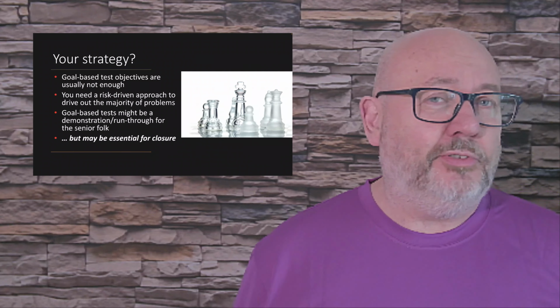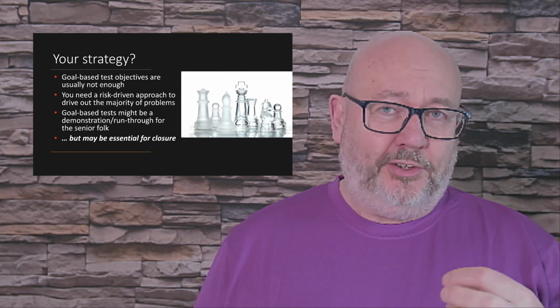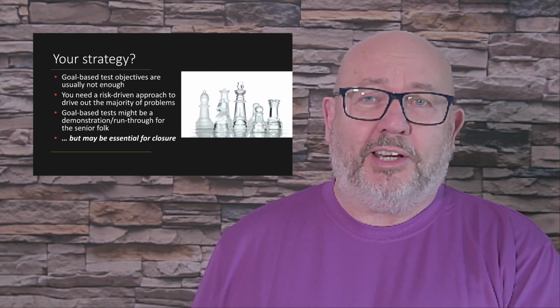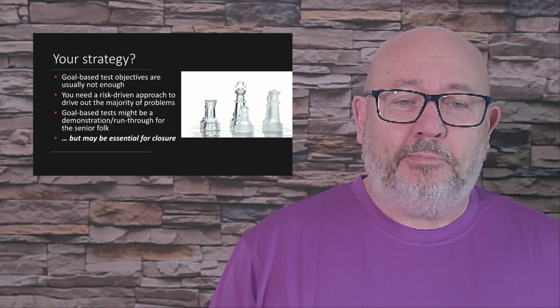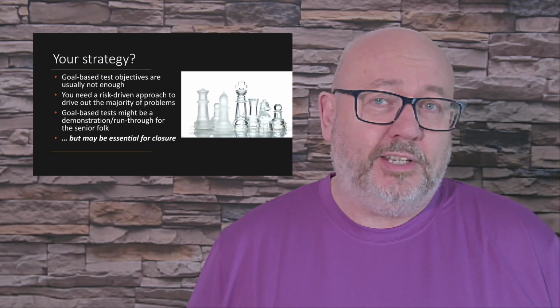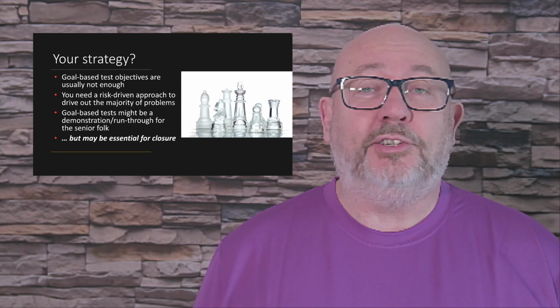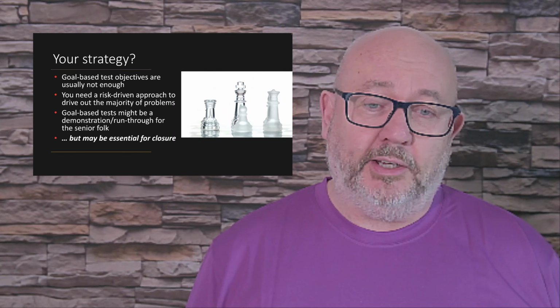So what's our strategy overall? Our goal-based test objectives are usually not enough, so we don't just do acceptance testing, if that makes sense. We need a risk-based approach to drive out the vast majority of problems, to cause failures, to detect bugs, to fix bugs, and to refine the system over time.